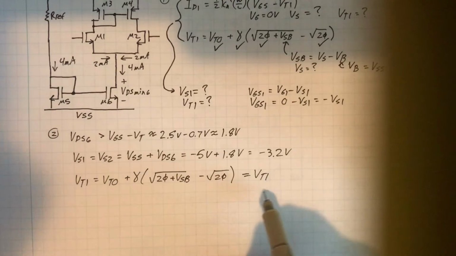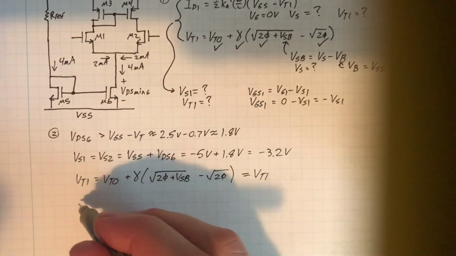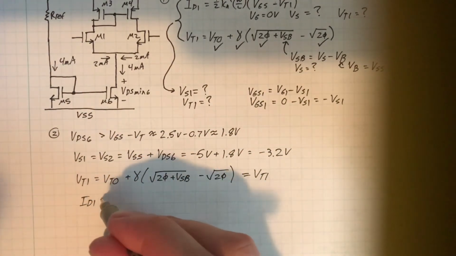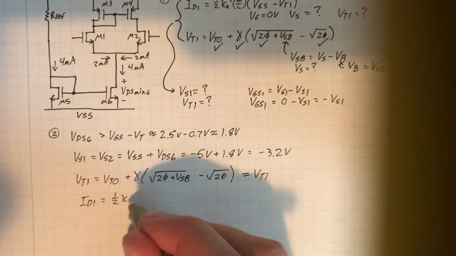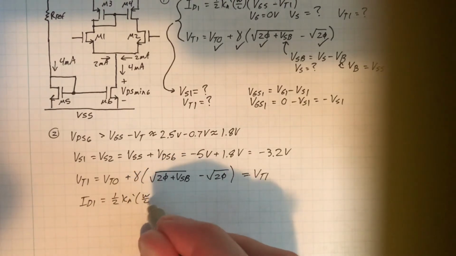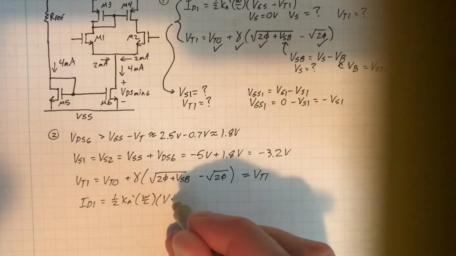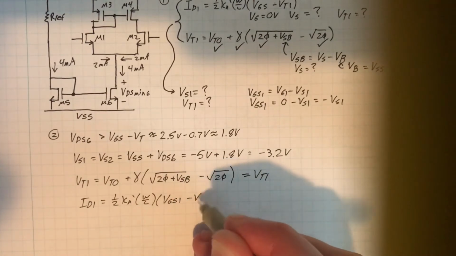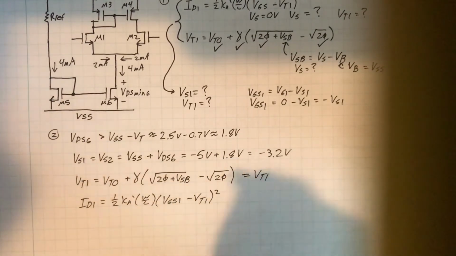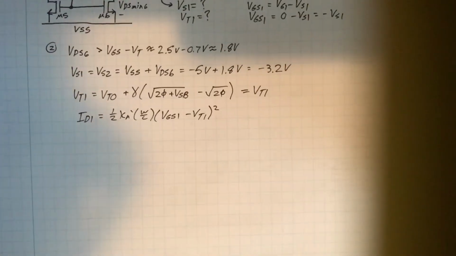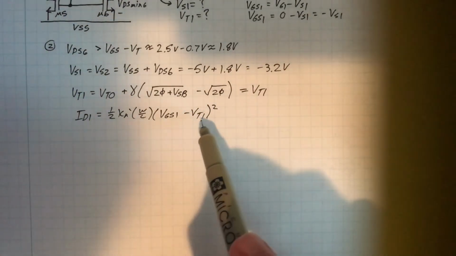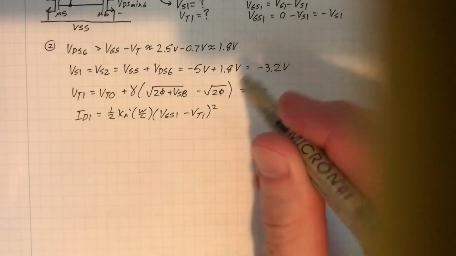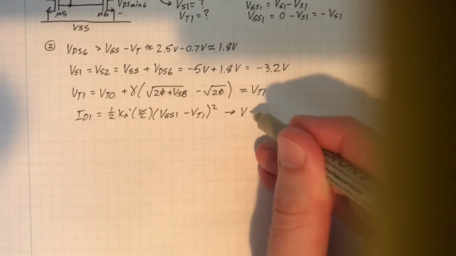Once you know VT1, you can plug it into the saturation equation. Okay, you know everything here now, except for VGS1. So solve for VGS1.